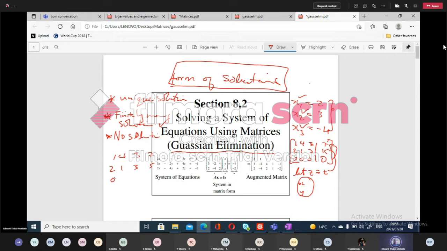And here we have 0, 0, 0, and this here is 4. From high school, we know that if we have 0x equals 4, you can clearly see that these two are not equal. There's no way this can be equal. 0 equals 4. So in this case, we say that we have no solution.